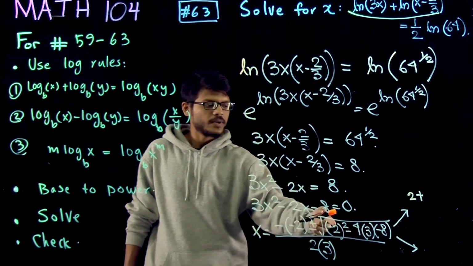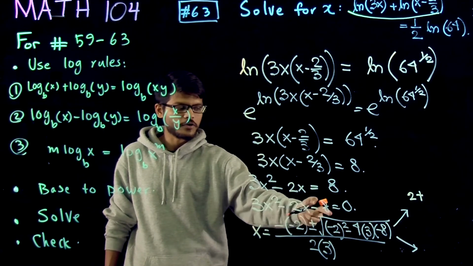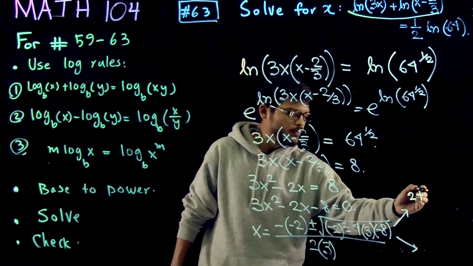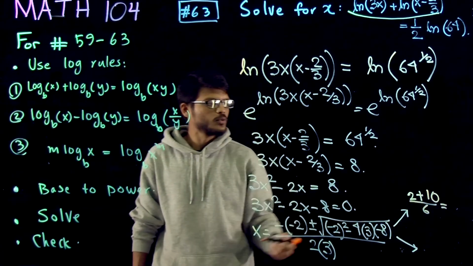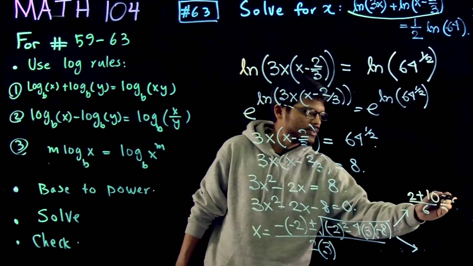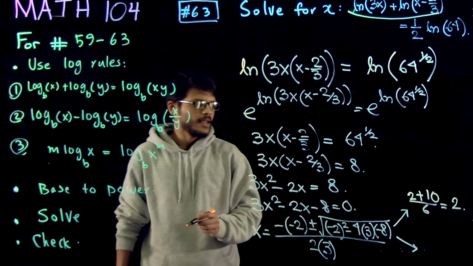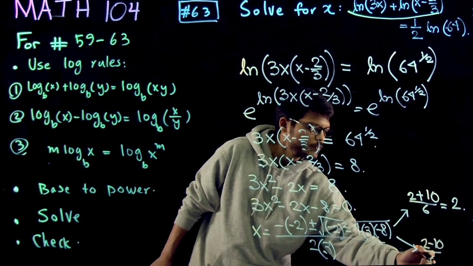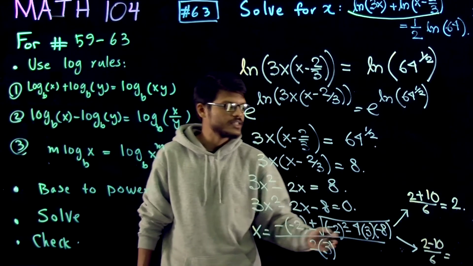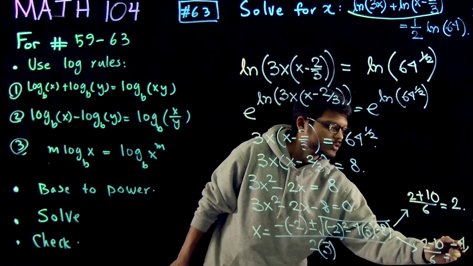So 96 plus 4, that is 100. The square root of 100 is 10. So 2 plus 10 divided by 6, which is just 12 over 6, which is 2. And the other one should be 2 minus 10 over 6, which is negative 8 over 6, which is negative 4/3.